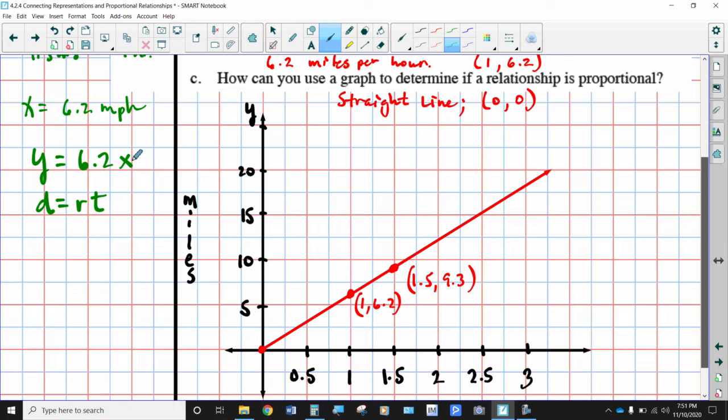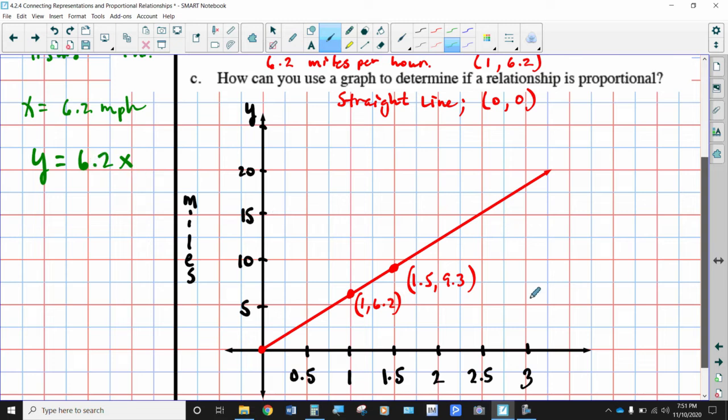T is the amount of time, right? That's the number of hours. And D is the distance, in this case, in miles. So this is a D equals RT kind of equation. We are just using x and y instead of the D and the T. But the R is the rate of speed, right? Miles per hour. That is the rate of speed there. So in that case, R is the unit rate or the constant of proportionality.